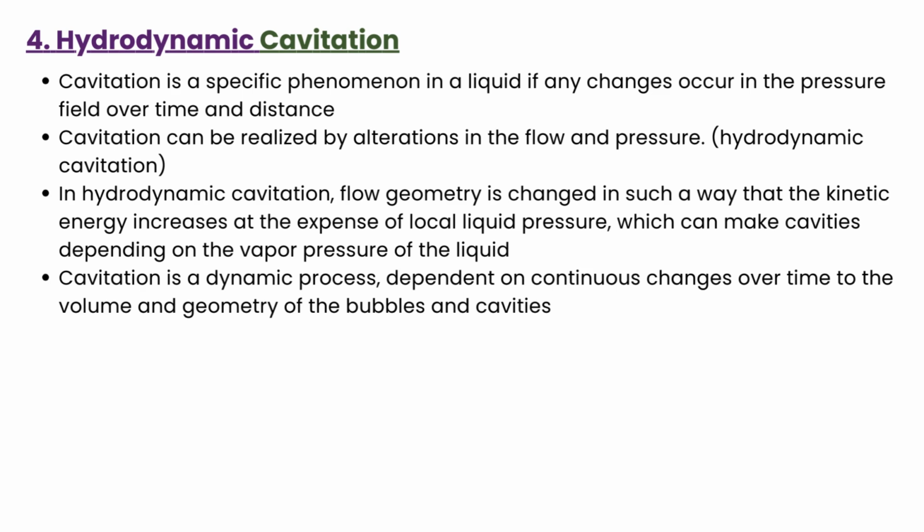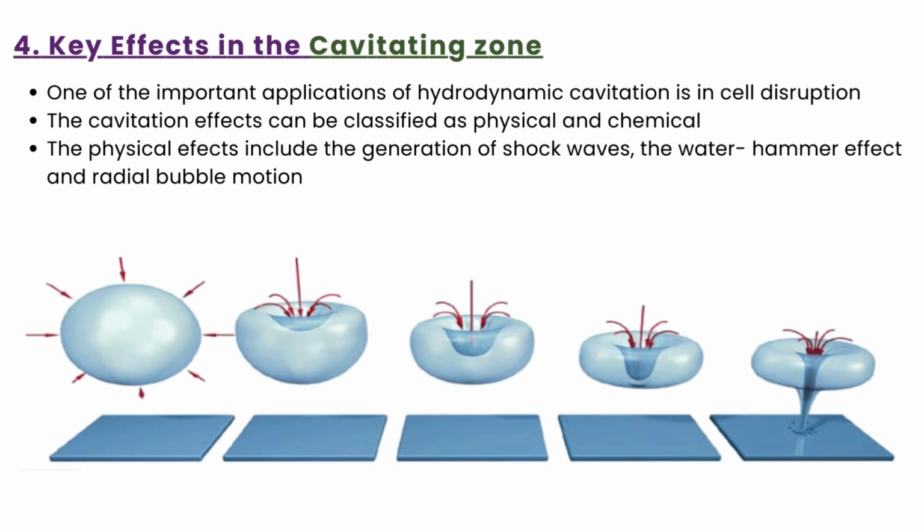Cavitation is a dynamic process depending on continuous change over time of the volume and geometry of the bubbles and cavities. So, now we are looking into the fourth one, and here in this figure you can see when the pressure is going up, what changes are taking place in the water molecule.